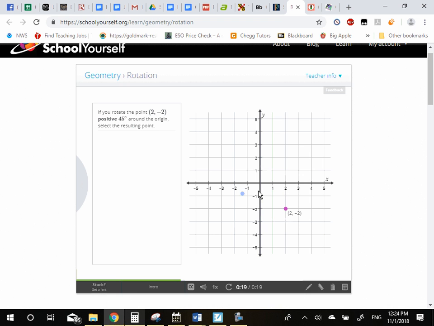So probably somewhere along this line. And how far along this line do you think it's going to be? Closer to 2 or close to 3 or somewhere else? Close to 3? Or on 3 or close to 3? Or what do you think? I'm going to say if I rotate this 45 degrees, I end up right around there.